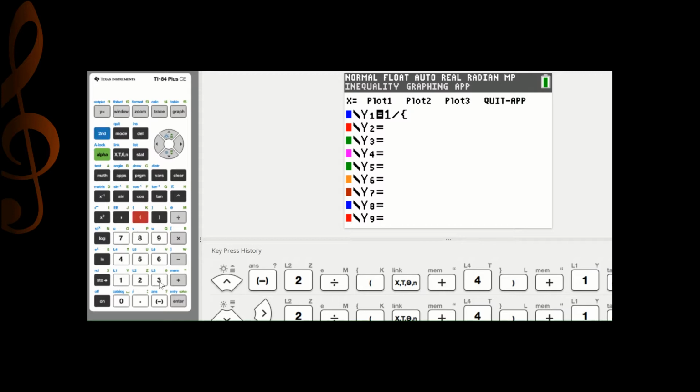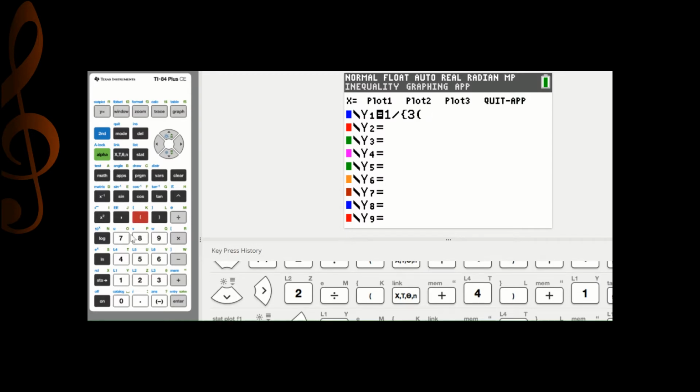So I'm going to put a bracket, I'm going to hit parentheses, then the x minus 1, and then the negative 2. And let's see what we got.